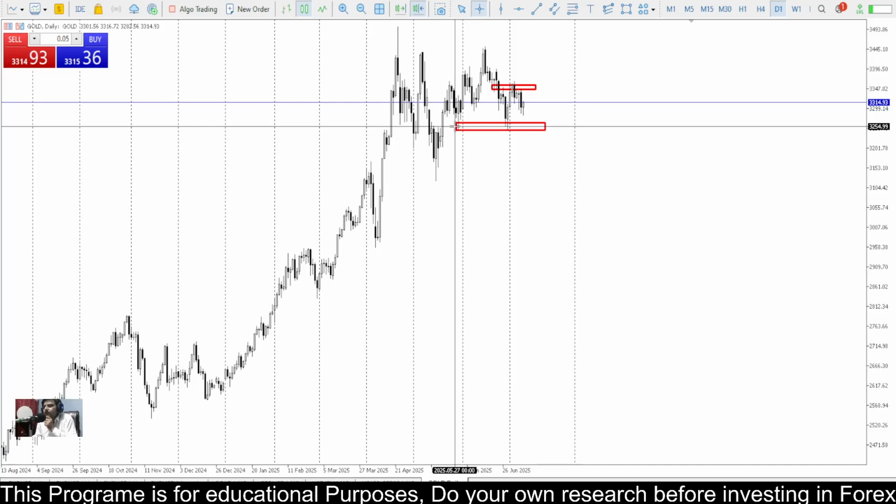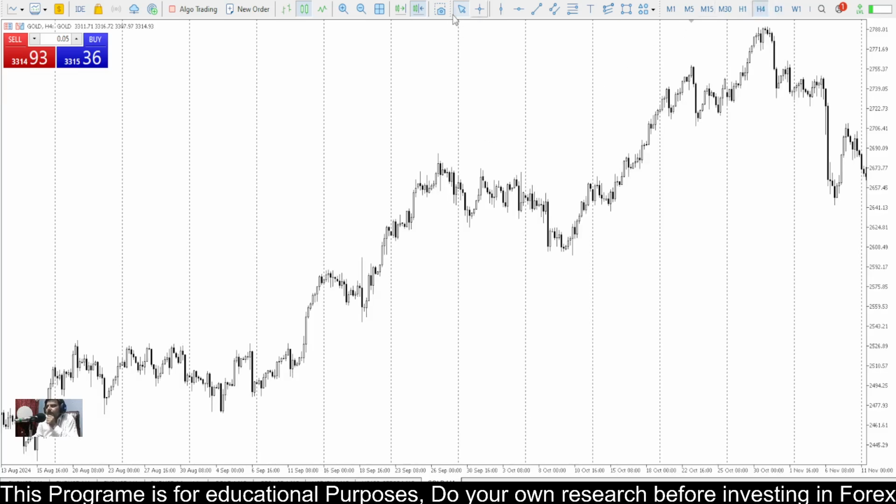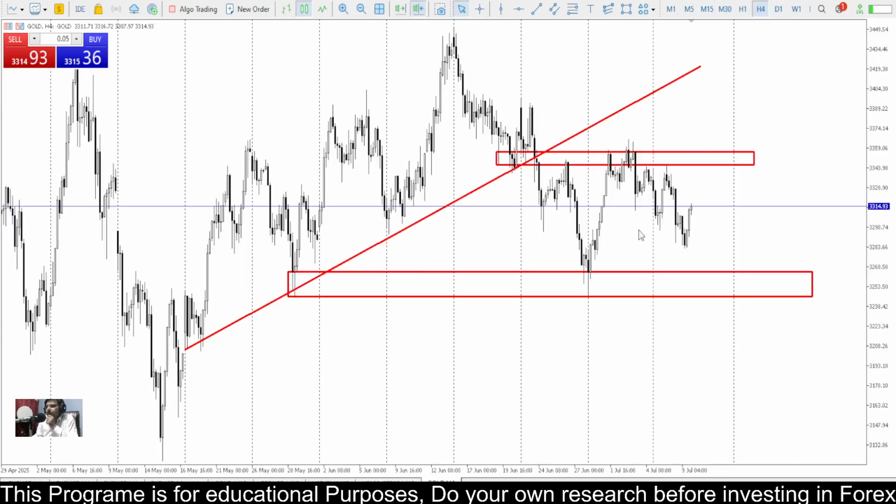But if I also see data from 29th May, this area is holding. Now it makes a little bit of sense for me, and that's why even on the H4 for now I'm considering this as a support.